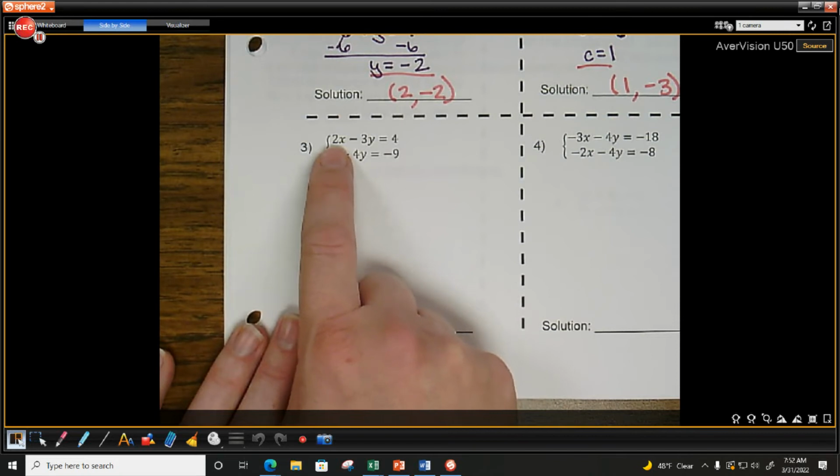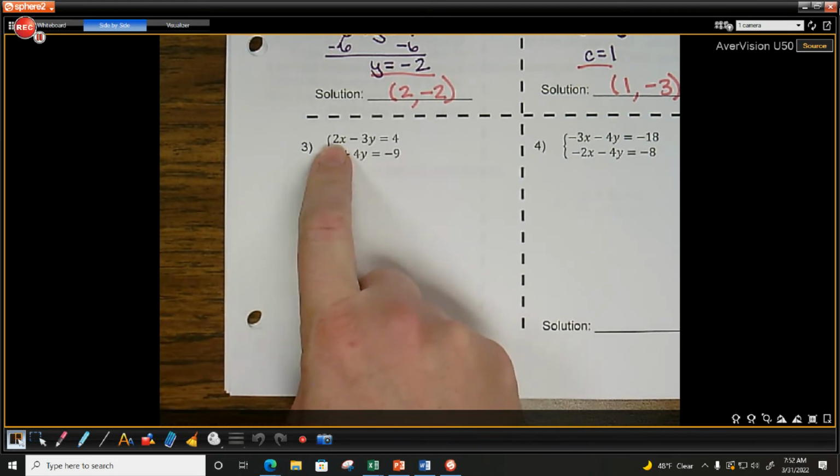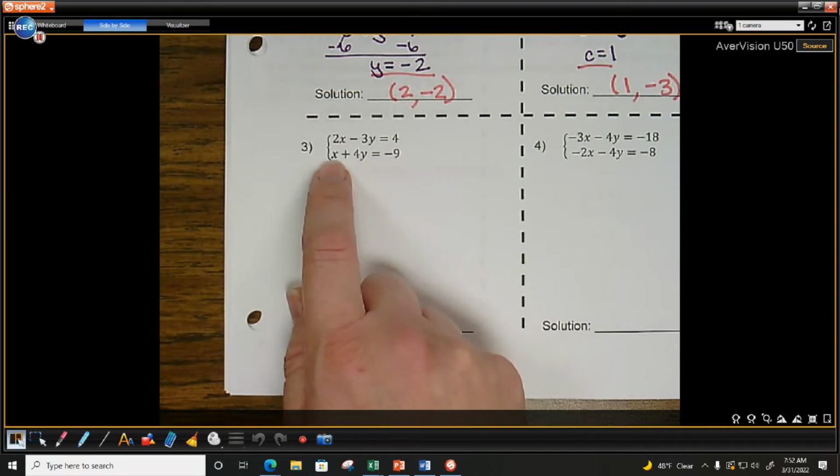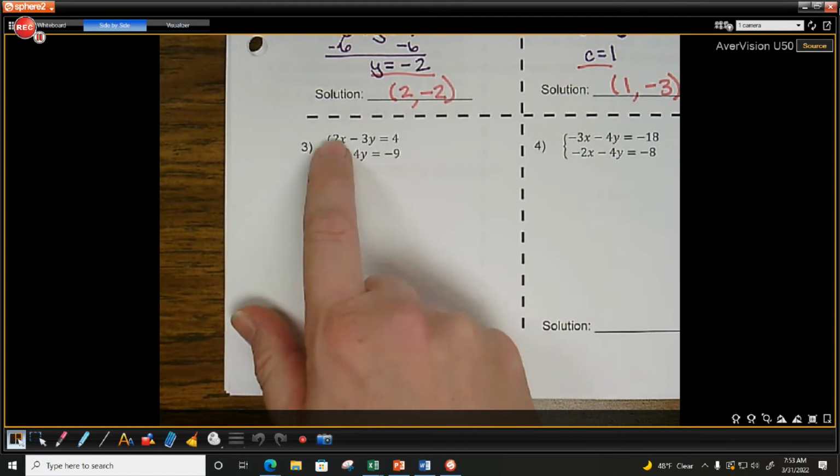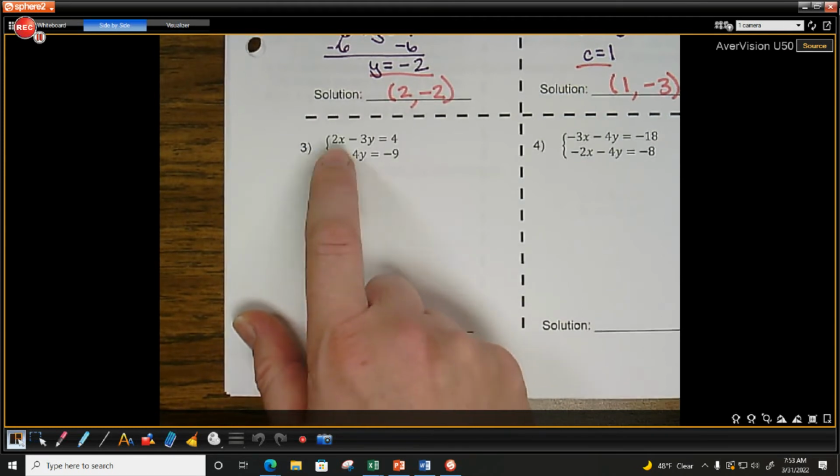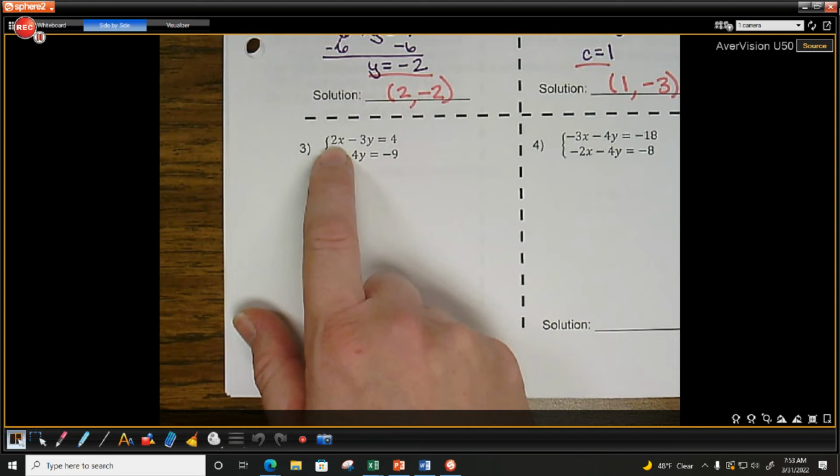And then what are multiples of 1? 1, 2, 3, 4, 5, 6, 7, 8, 9, 10. So what's your least common multiple of 2 and 1? 2. Well, is this one already 2? Yeah. So do you see why it would be a good idea to get rid of the x's first? This one already has a coefficient that's the least common multiple. So I won't have to multiply this equation by anything.